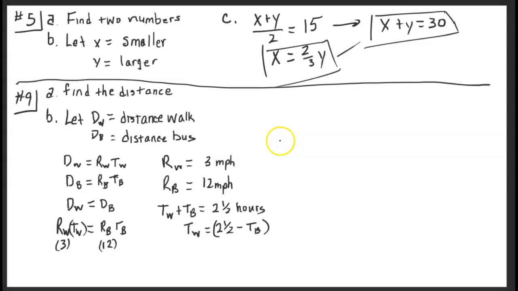And so I would end up with an equation that is this: 3 times (2.5 minus TB) equals 12 times TB. And now I have one variable in one equation. Okay, I went too far with that, but that's how I would get it set up. You can solve from there.